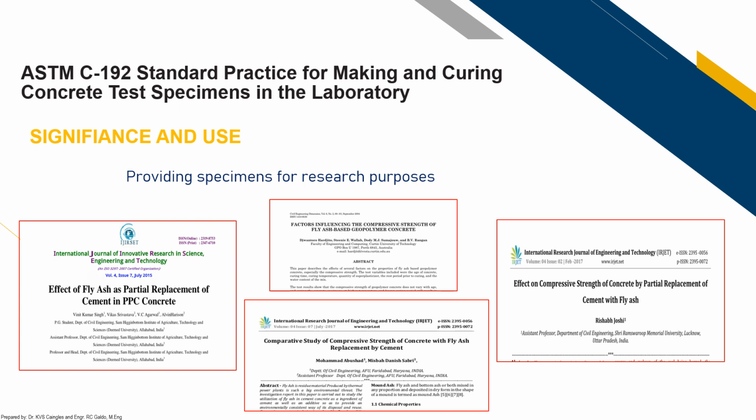One of the data you need for these researches would be determined through the standard procedure ASTM C192. Okay, so if you deal with this type of researches, rest assured you will also be dealing with the standard procedure ASTM C192.